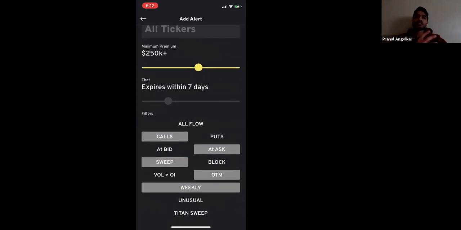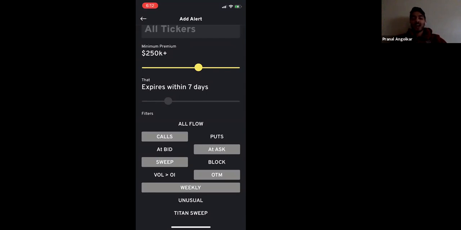And I think last time we discussed in our first call is aggressiveness is key, right? How can I pinpoint on the app to give me the information pushed directly to my phone that's the most aggressive? I sometimes might even do $500,000, right? So I only want to see the contracts that push the largest value. I just do 250 because I do it on weekly calls. So I can see there's very few flow items that come in for weeklies that are over this value.